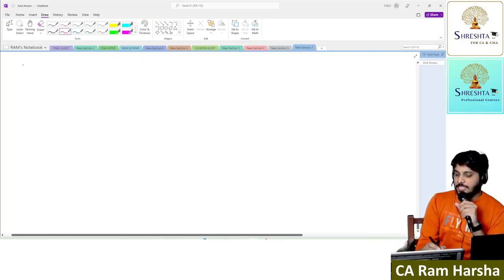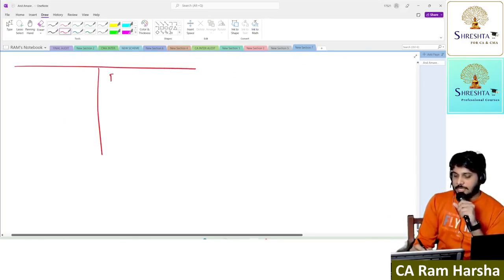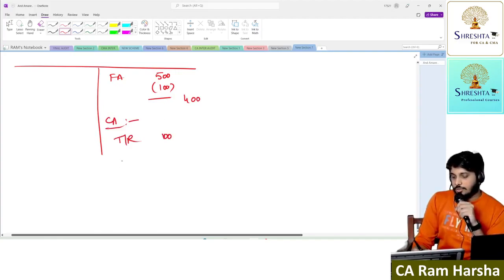Now, take a balance sheet of a company. The company has fixed assets: gross WDV is this much, accumulated depreciation, and this is the net WDV. Then the company has current assets, which have a breakup: trade receivable 100 crore, inventory 100 crore, cash and bank balances some 100 crore.